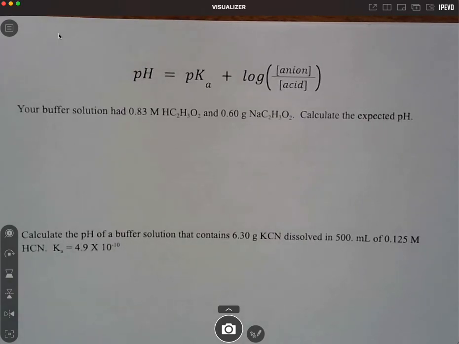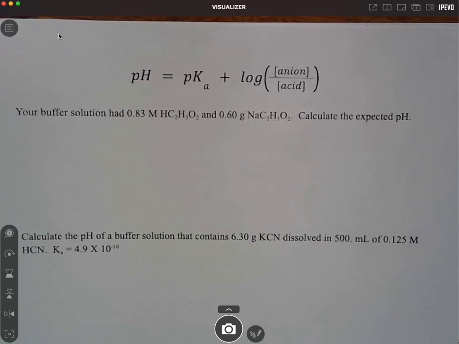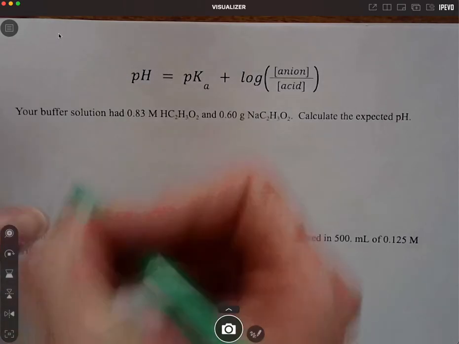So our buffer solution had 0.83 molar of acetic acid and 0.60 grams of sodium acetate. Calculate the expected pH. So we've got to go looking for all of the pieces and what they are.